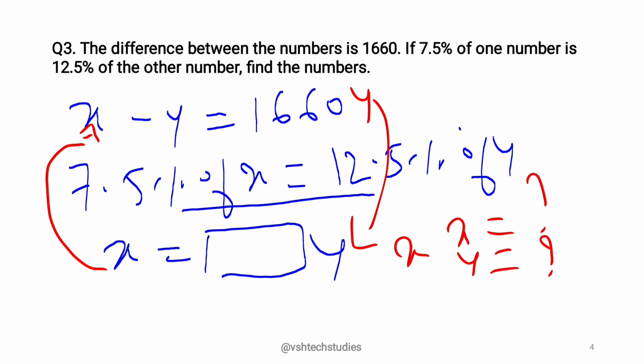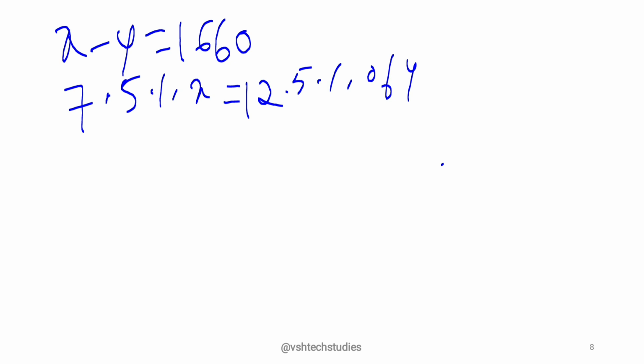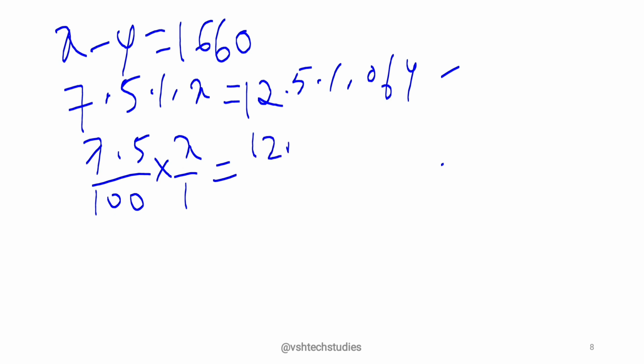That is the analysis and approach to the problem. Now taking these two equations, first simplifying this: 7.5% means 7.5 upon 100 of x, into x by 1. 12.5% means 12.5 upon 100 of y, into y by 1.